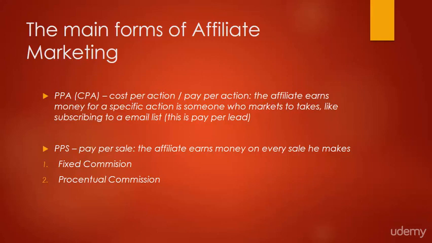And then we have the percentage commission, and in my opinion this is the purest form of affiliate marketing, when you get paid a certain percentage of everything that you sell. For example, if you are promoting a pet shop that sells dog food, if you sell one bag of dog food, you get 10% of that sale.